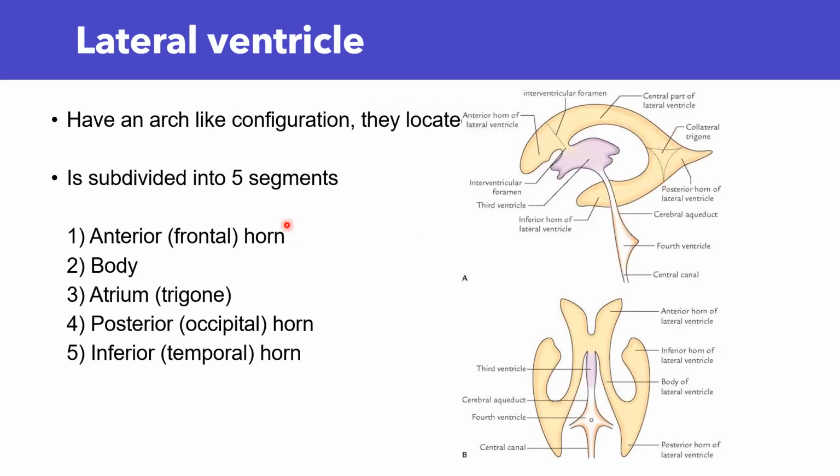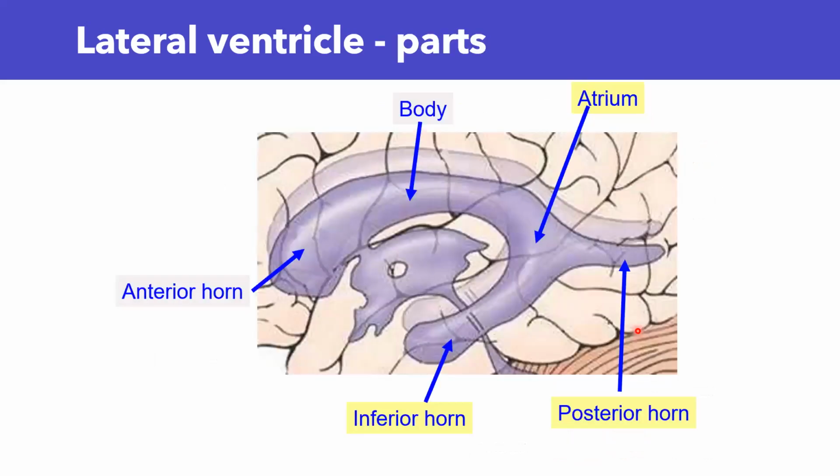It can be divided into 5 parts: the anterior horn, the body or central part of the lateral ventricle, the trigone or atrium, the posterior horn, and the inferior or temporal horn.